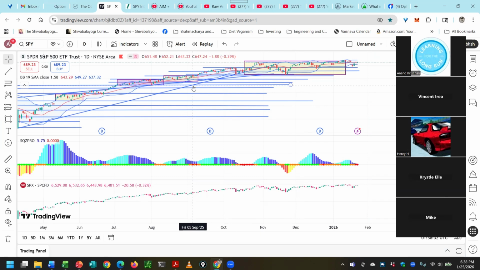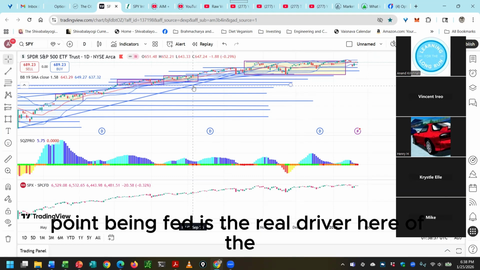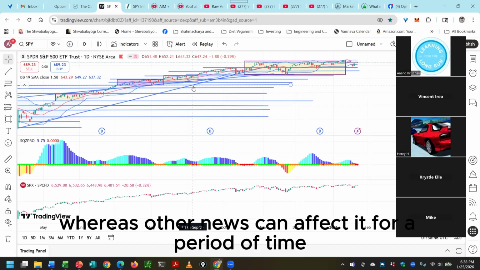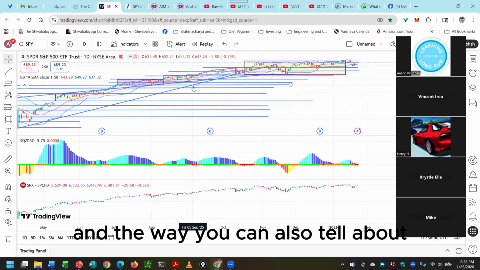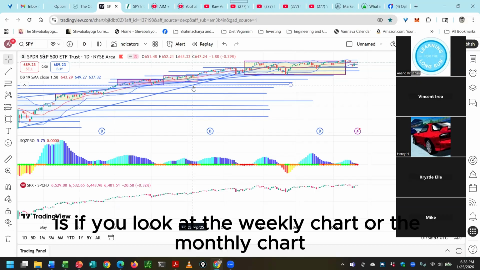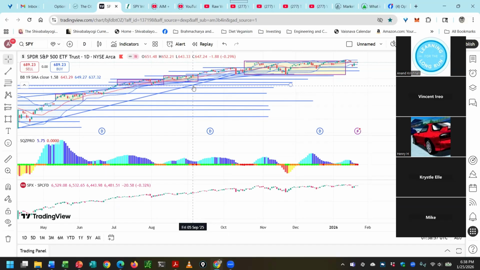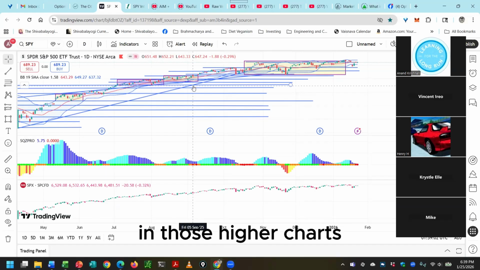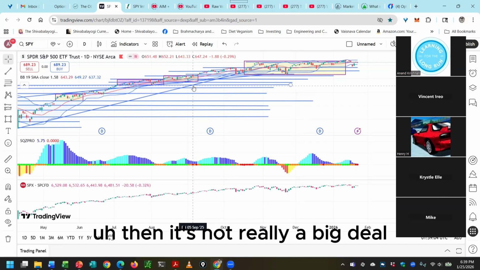So, point being, the Fed is the real driver here of all the markets, whereas other news can affect it for a period of time. And the way you can also tell, if you look at the weekly chart or the monthly chart, if the downtrend in the market looks like a blip in those higher charts, then it's not really a big deal.